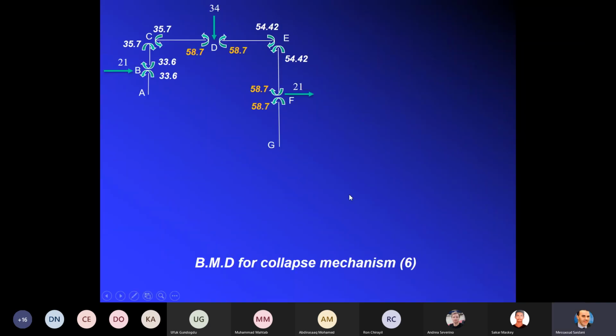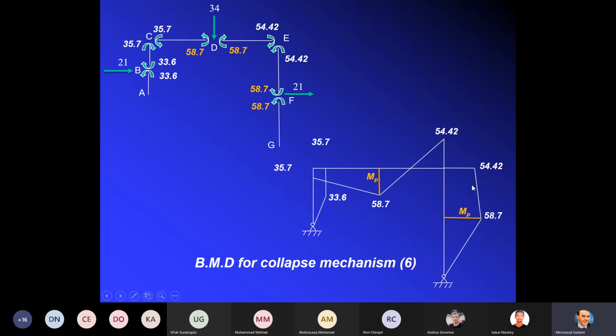As I said, we have tension at the top, tension at the bottom at D, and tension at the top there, tension on this side, etc. It's very important that you do this, because otherwise your bending moment diagram will not look right. You must get the tension on the right side by looking at the direction of the moment for each case.